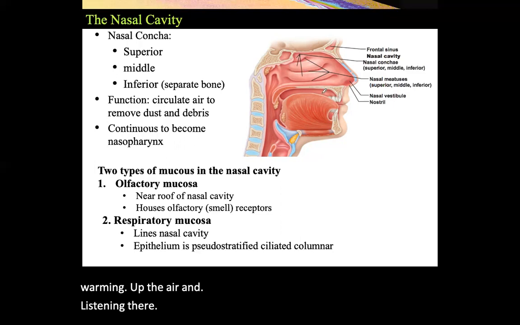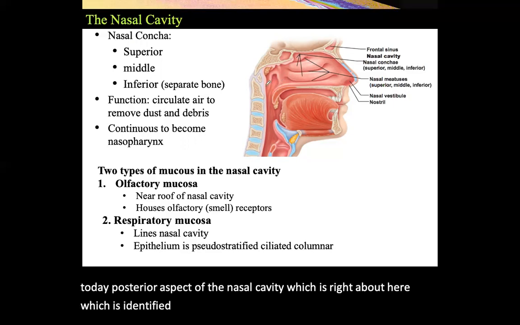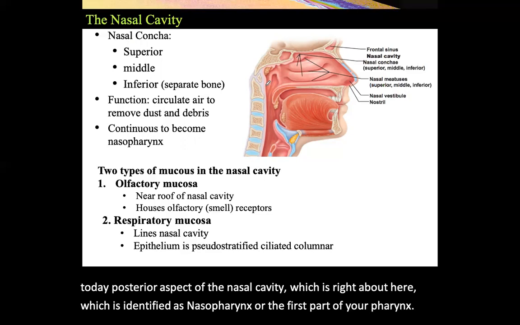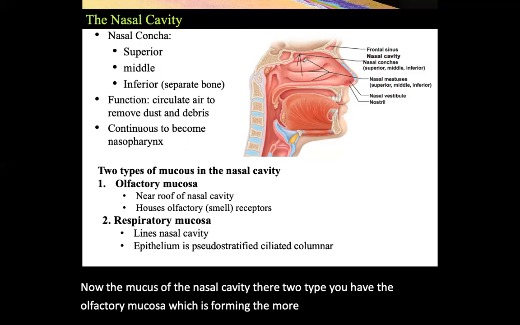Now, by the time the air is leaving the nasal cavity, it reaches the posterior aspect of the nasal cavity, which is right about here, identified as the nasopharynx, or the first part of your pharynx. Now, the mucosa of the nasal cavity has 2 types. You have the olfactory mucosa, which forms the more superior aspect.